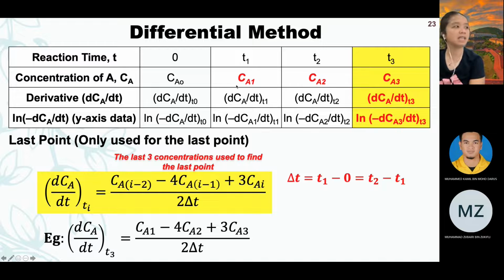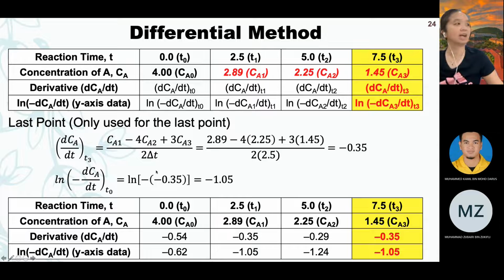So become CA1 minus 4CA2 plus 3CA3 divided by 2 delta T. So kalau tadi initial point, 3 kepekatan teratas, follow je sequence dia. Last point, take the 3 bottom concentration. 3 kepekatan terbawah, ikut sequence dia, you will get your dCA per dt at T3.